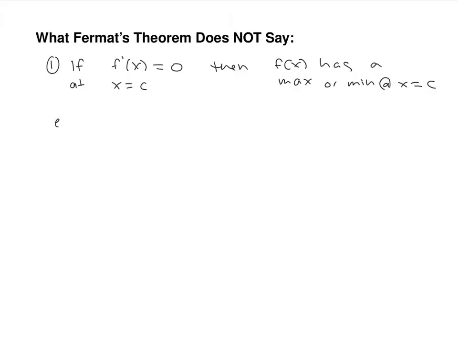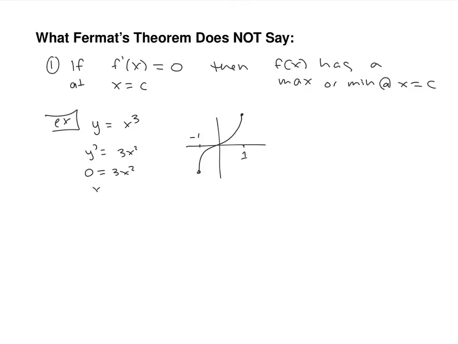And it could. Here's an example. What if I gave you x cubed, and we'll just say from -1 to 1. If you find the derivative, you get 3x squared. That's 0 at x equals 0, right? Is there a max or min at x equals 0? No, right?